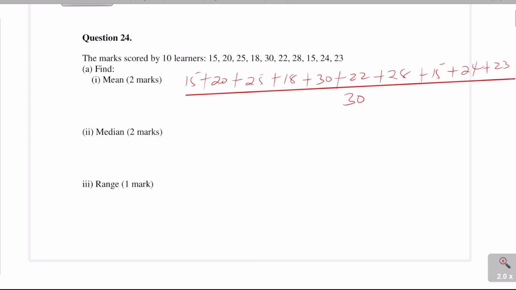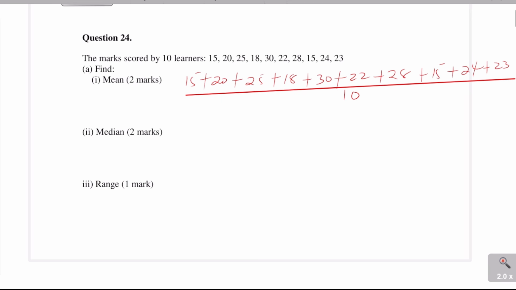That is how we get the mean, also known as the average. There are 10 learners: 1, 2, 3, 4, 5, 6, 7, 8, 9, 10.